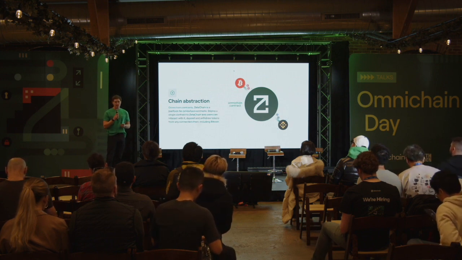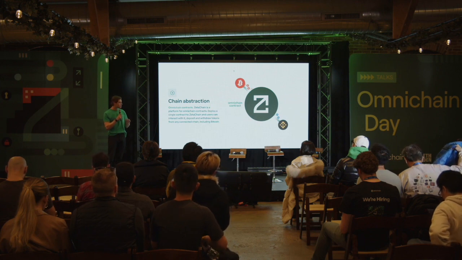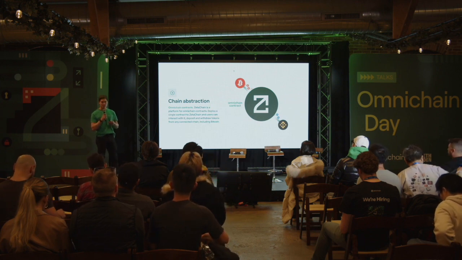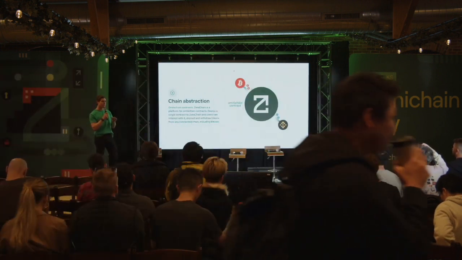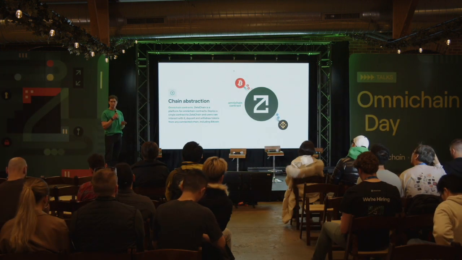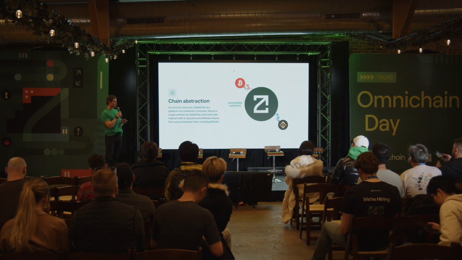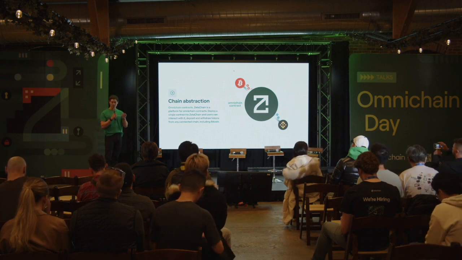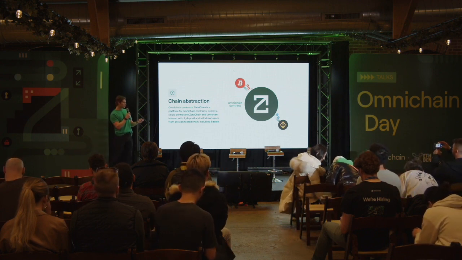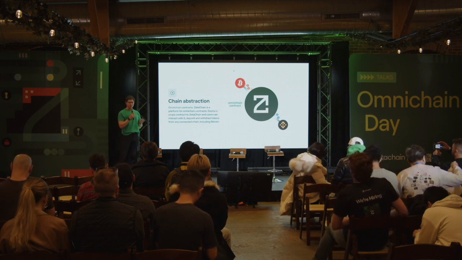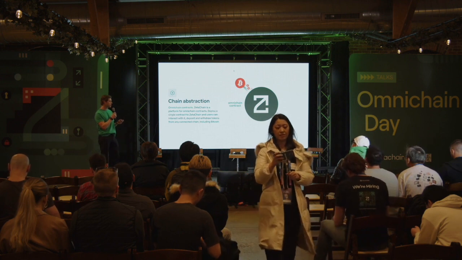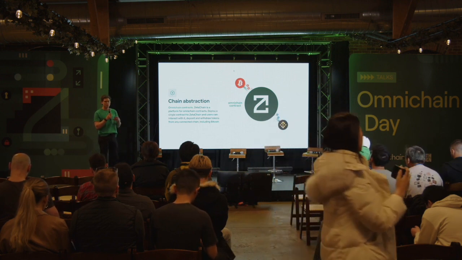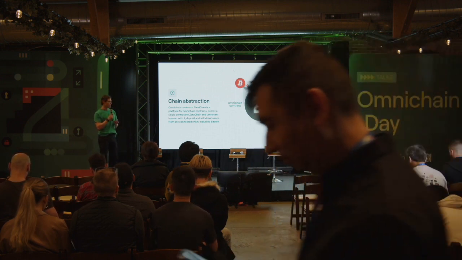The second way, and this is what makes ZetaChain really special and what we would say is the novel killer feature, is the Omnichain smart contract. This is one contract that you deploy. All of your logic lives on ZetaChain, and now it's interoperable with all connected chains, and you manage that in one place.